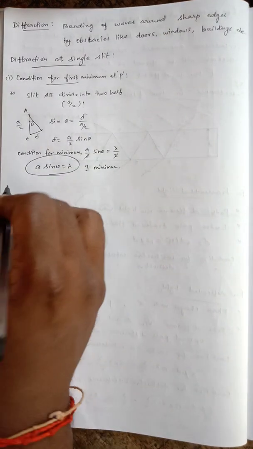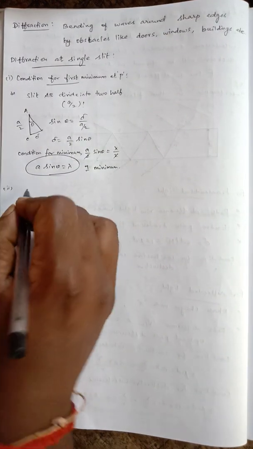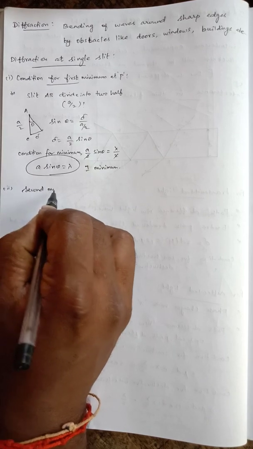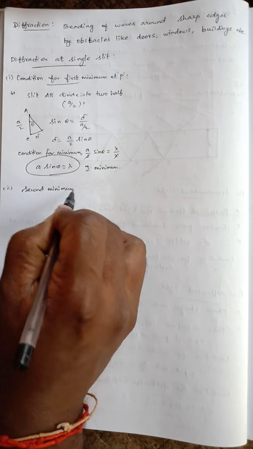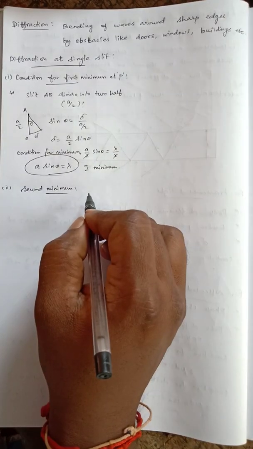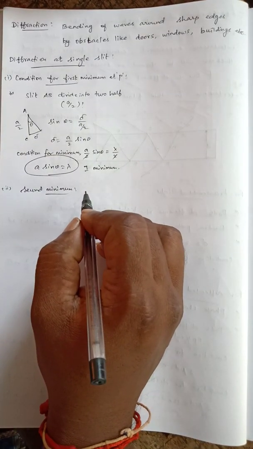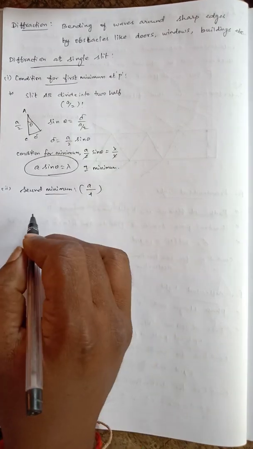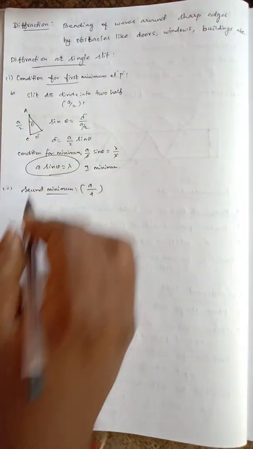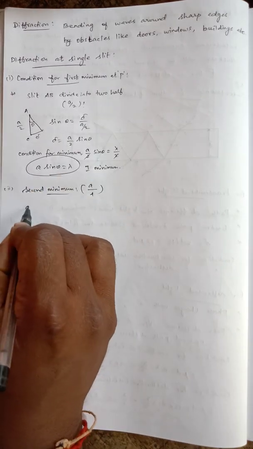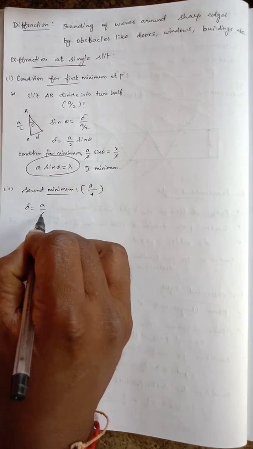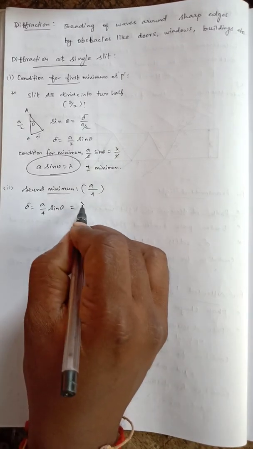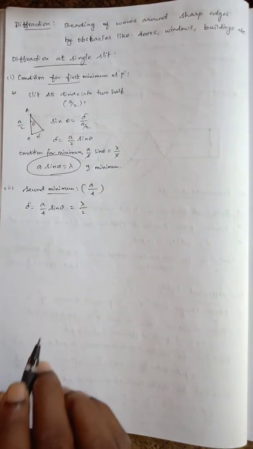Similarly, we will see the condition for the second minimum. We have to cut the slit into 4 parts, so A by 4. The path difference will be del equal to A by 4 sin theta, and the condition is the same, lambda by 2.